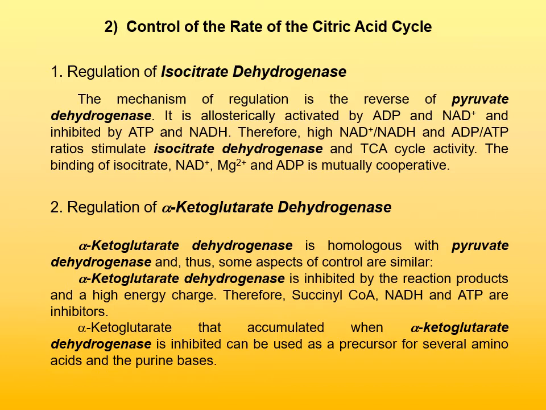Alpha-ketoglutarate that accumulates when alpha-ketoglutarate dehydrogenase is inhibited is actually a rather useful compound and can be used as a precursor for several amino acids and purine bases. So it could be drawn out of the citric acid cycle and used as a precursor for synthesis of biomolecules.